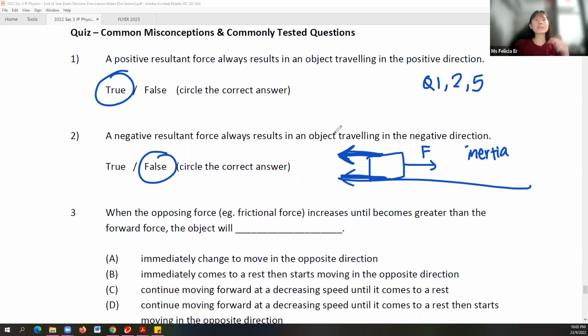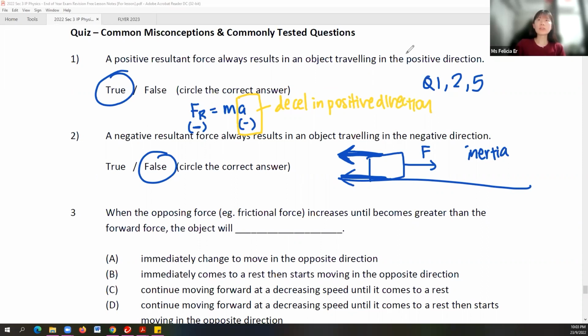So for an object with a negative resultant force, in the beginning, for the next few moments, it should just be slowing down. Because when F equals ma, if your F is negative, it just means that your a is negative. Negative acceleration is deceleration. So I can still be moving in the positive direction, just that I'm slowing down. That's why this statement is false.